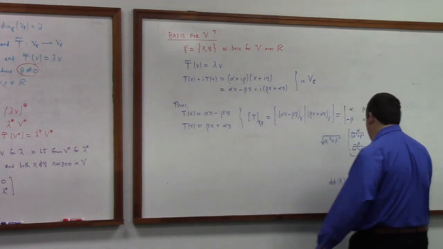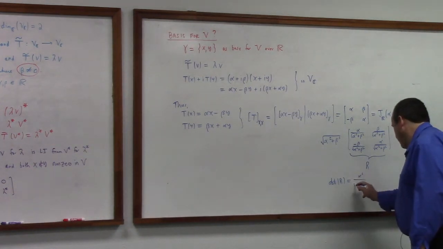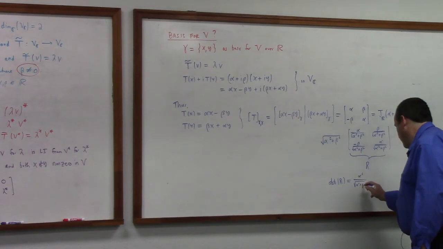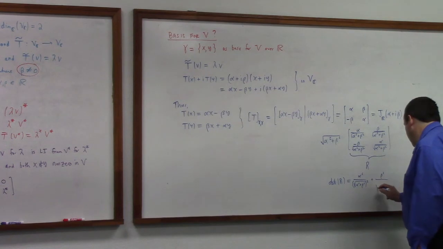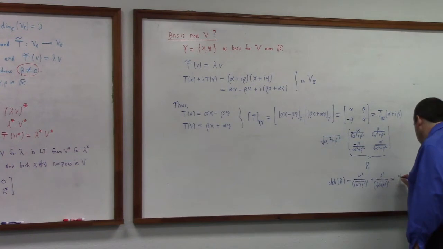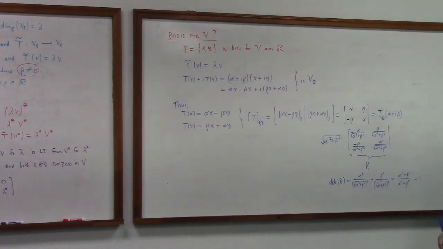Now if we calculate the determinant, we'll get alpha squared over the square root of alpha squared plus beta squared, squared, plus beta squared over the same, which is alpha squared plus beta squared over alpha squared plus beta squared, also known as 1. So it's determinant 1. And you can check that R transpose R is equal to the identity.